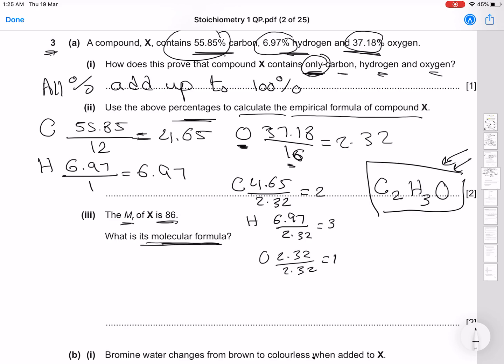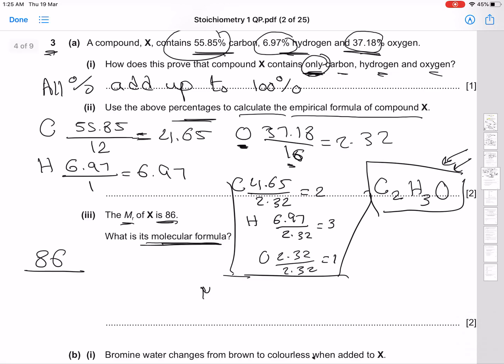Back to the molecular formula. I'm just going to divide 86 by the MR of this empirical formula. So 1 mark, I'm going to just put this over there. Let me just double check. Yeah, this is a 2-mark question. So the second mark should be for finding an MR of the C2H3O, which is going to be 43.